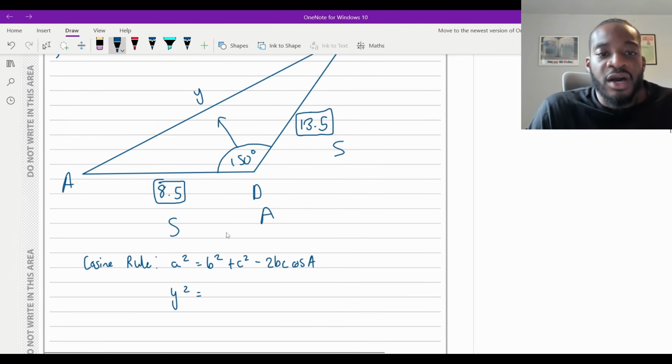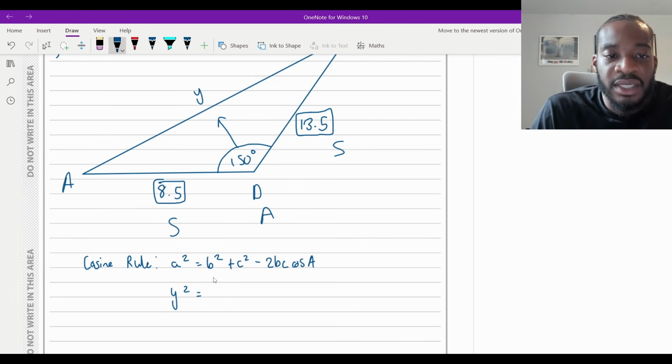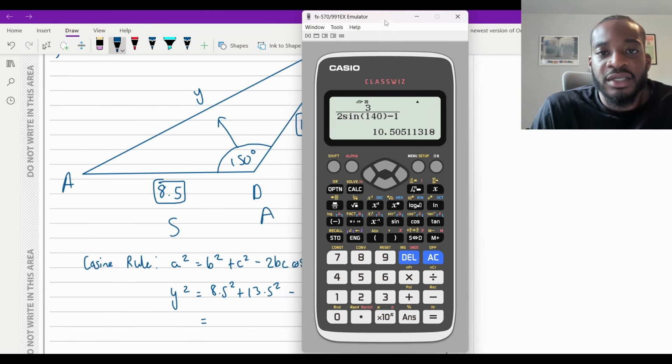Now b and c does not matter. You just need to know that it's always the two sides, either side of the angle, which is lodged in between. So it's going to be 8.5 squared plus 13.5 squared minus 2 lots of those same two sides, cosine of 150 degrees. So you're just going to literally put that into your calculator and see what you get.